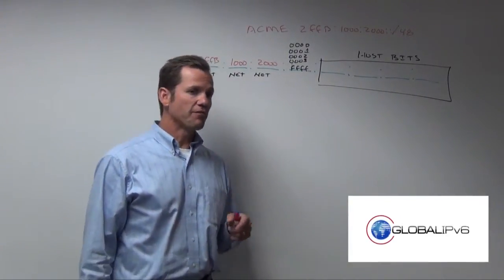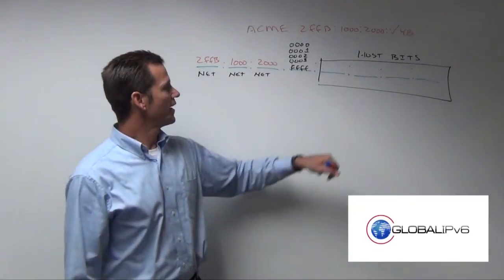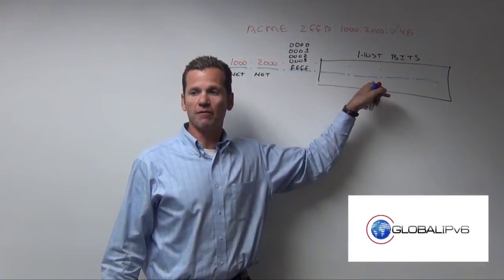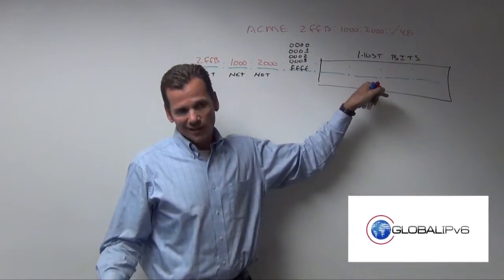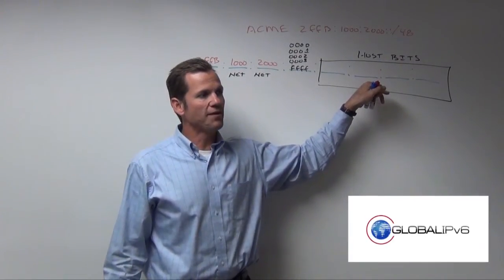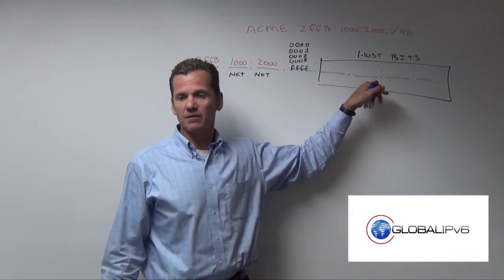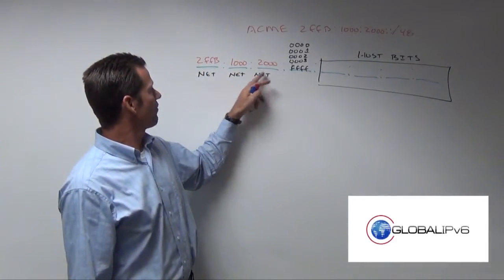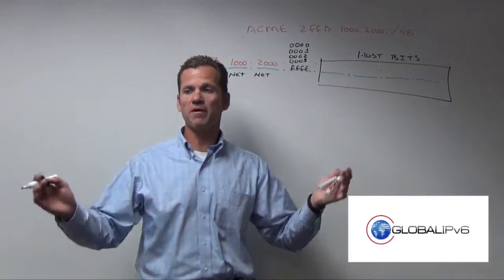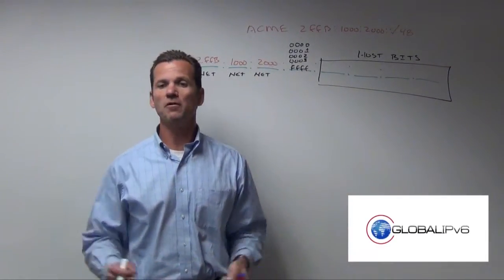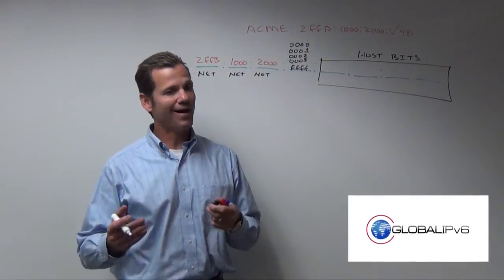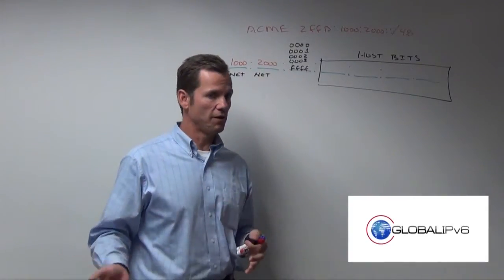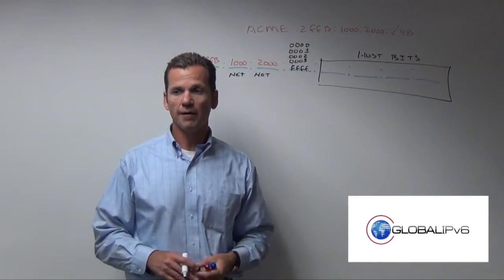And the key thing here is for each subnet, we can have 2 to the 64th power of hosts, which a lot of people think is kind of a waste. So if I had a department like sales, I give sales a subnet of 2FFB, 1000, 2000, subnet number 3, for example, and there's 40 hosts out there. Well, I actually have 2 to the 64th power of hosts on it.